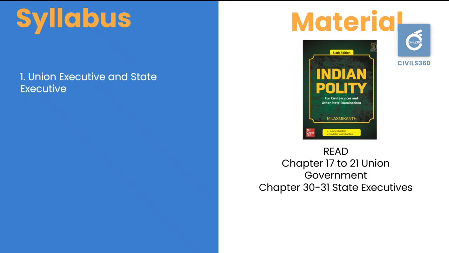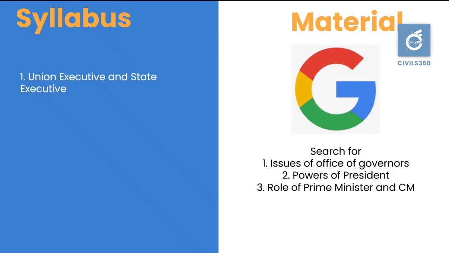Focus on these materials. After completing these, you need to read certain articles on the following topics, that is issues of the office of governor, powers of president, role of prime minister and chief minister. Search in Google. You can search issues of office of governor, The Hindu or Indian Express. Give that in your search box.